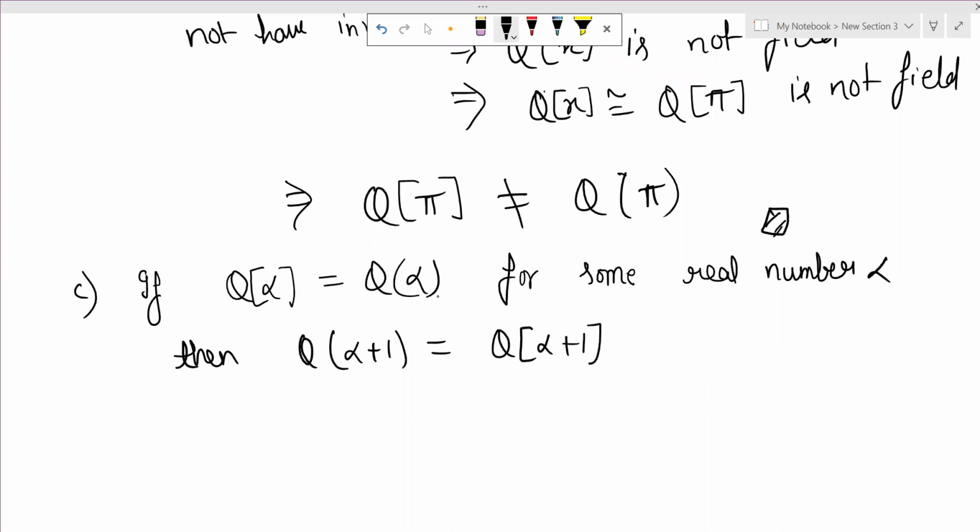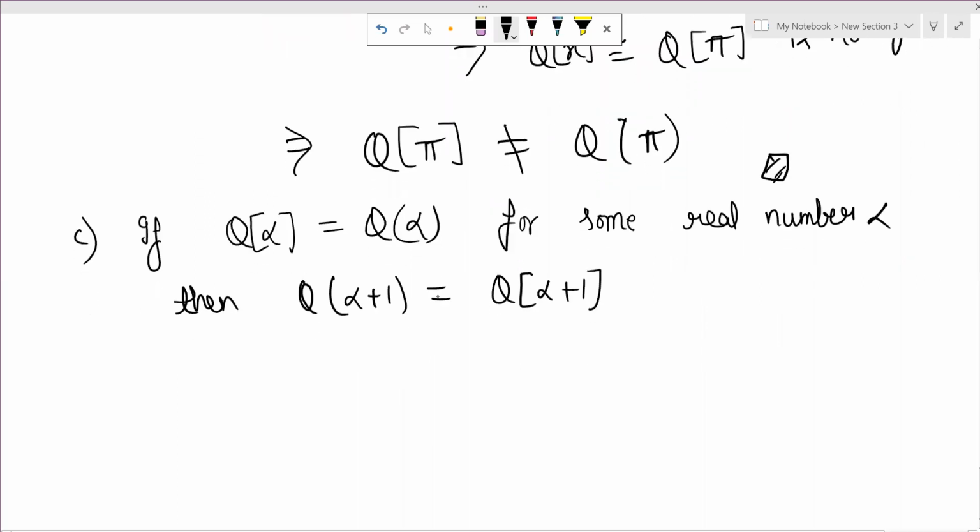Okay, tell me, is this true or not? Jennifer, is this true or not? True, sir. So what is the argument?